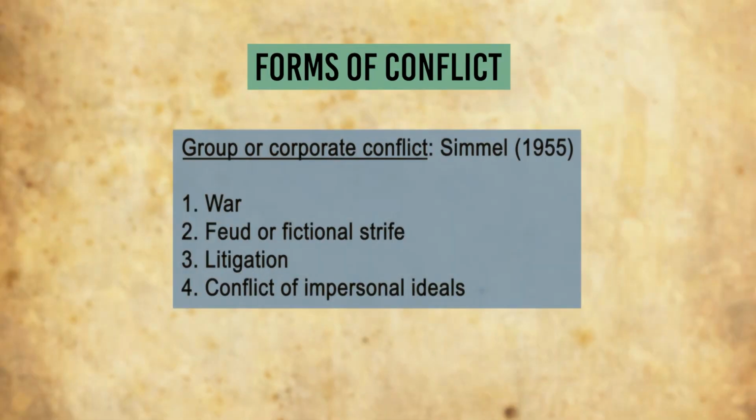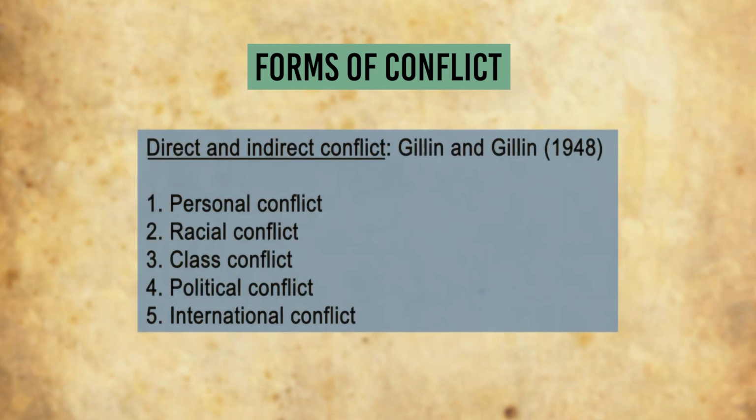Firstly, group or corporate conflict. Simmel has distinguished 4 types of conflict: war, feud, litigation, and conflict of impersonal ideals. Next, direct and indirect conflict.